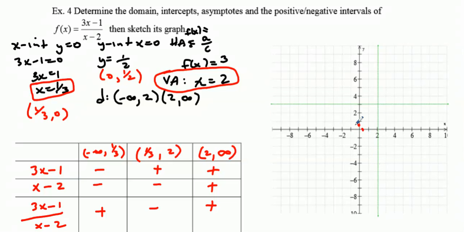Okay. As you can see, I've got 2 points within one of my branches because I'm going to have a branch like this approaching these asymptotes going through these 2 points. I don't have any points in this upper branch here. So based on what I know so far, let's see if we can verify with our positive intervals. From negative infinity to 1/3, so this is my 1/3, my graph was positive.